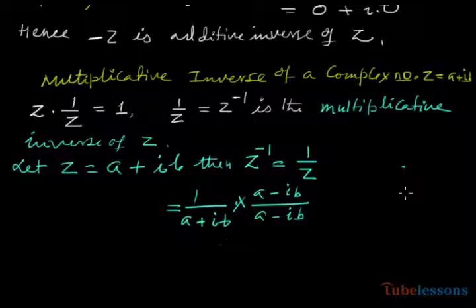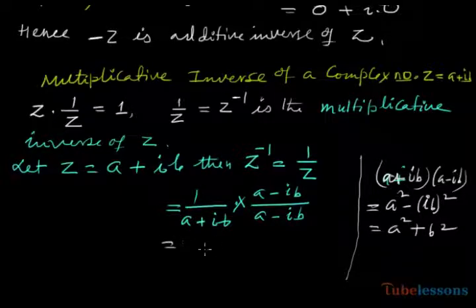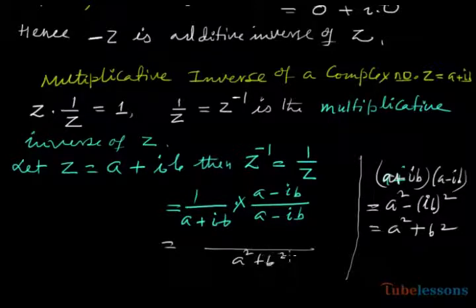So when you multiply a plus ib with a minus ib, we obtain a square minus (ib) whole square, and it becomes a square plus b square. So here the denominator is a square plus b square, and the numerator is a minus ib.